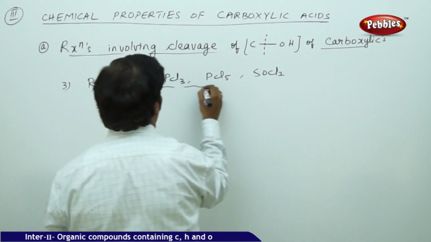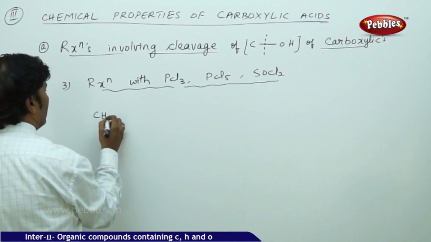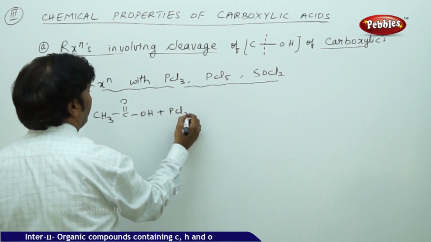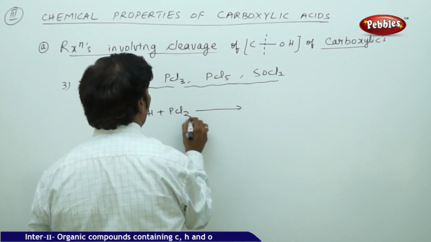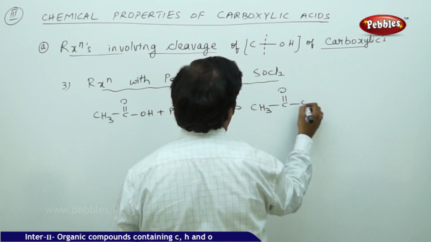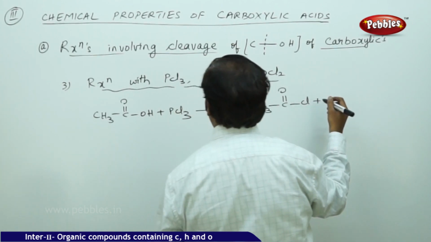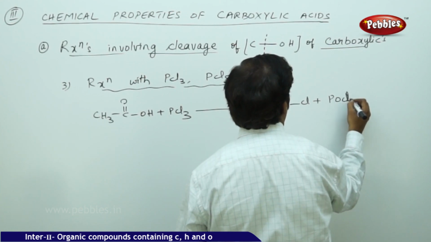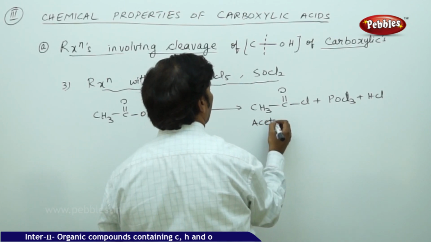Suppose I am taking CH3COOH plus PCl5, here you are going to get CH3-C(=O)-Cl plus POCl3 plus HCl. So this is acetyl chloride.